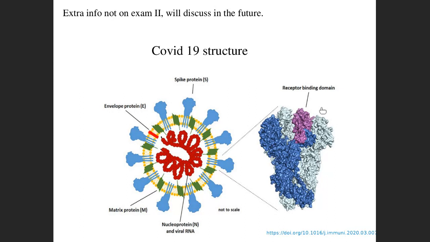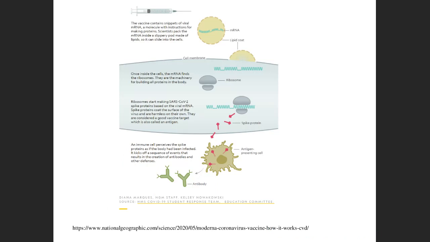Now you understand: you make an mRNA that codes the S protein, and then you wrap it up in a lipid nanoparticle, and that's what's injected into your body as the vaccine. The lipid nanoparticle brings the mRNA into your body, and your body starts producing the protein.